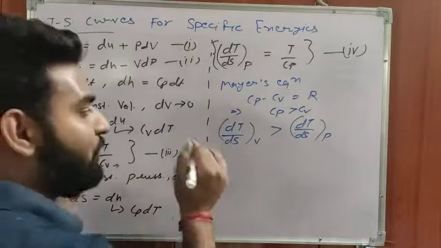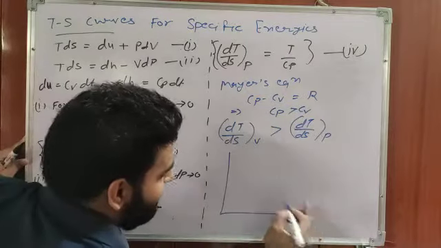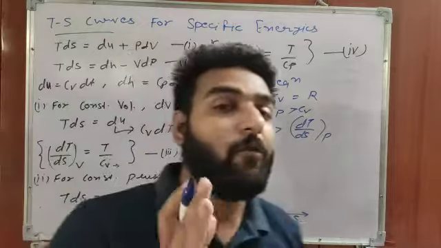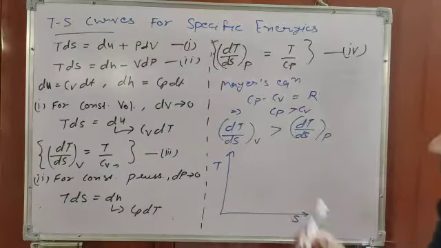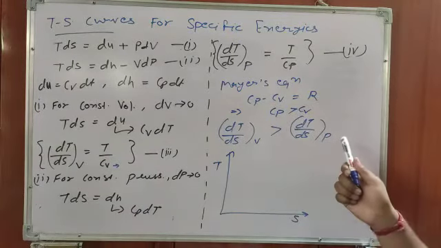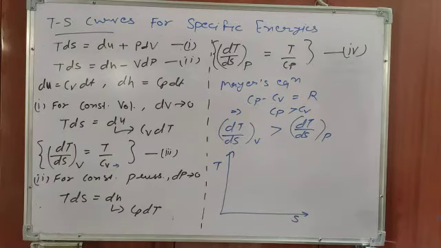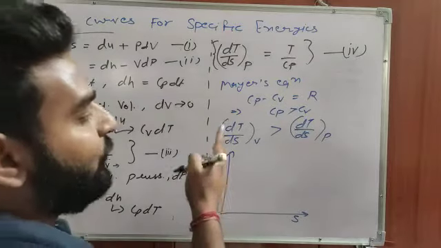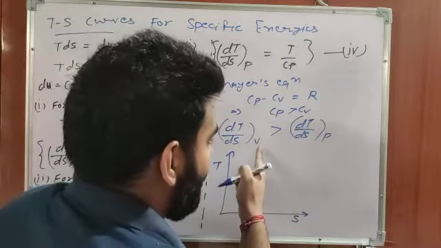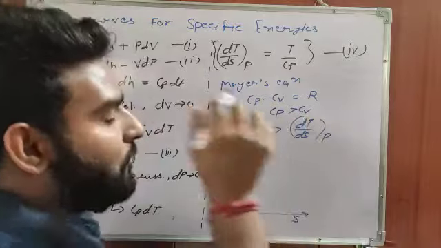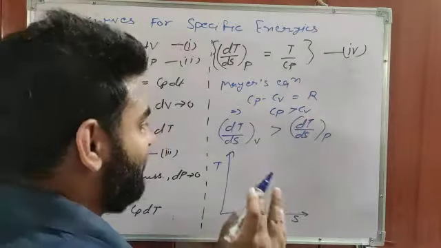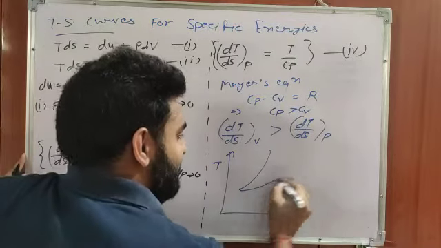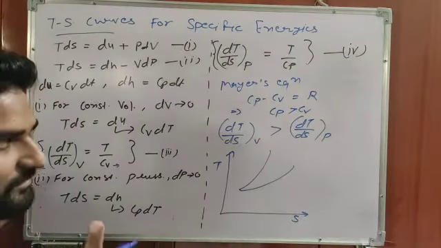On a temperature versus entropy diagram, this indicates the slope of constant volume and constant pressure processes. So we can see clearly from this relation that the slope of the constant volume process is more than the slope of the constant pressure process. The constant volume process is steeper than the constant pressure process.